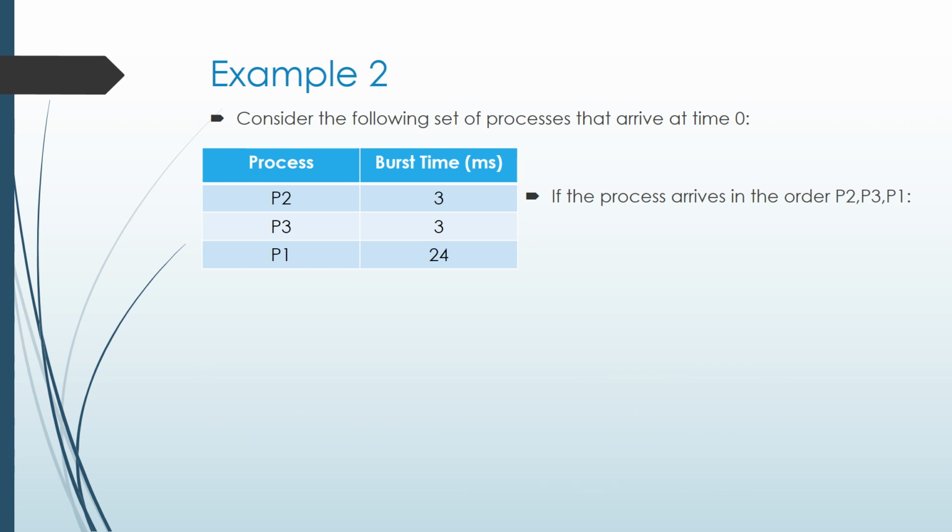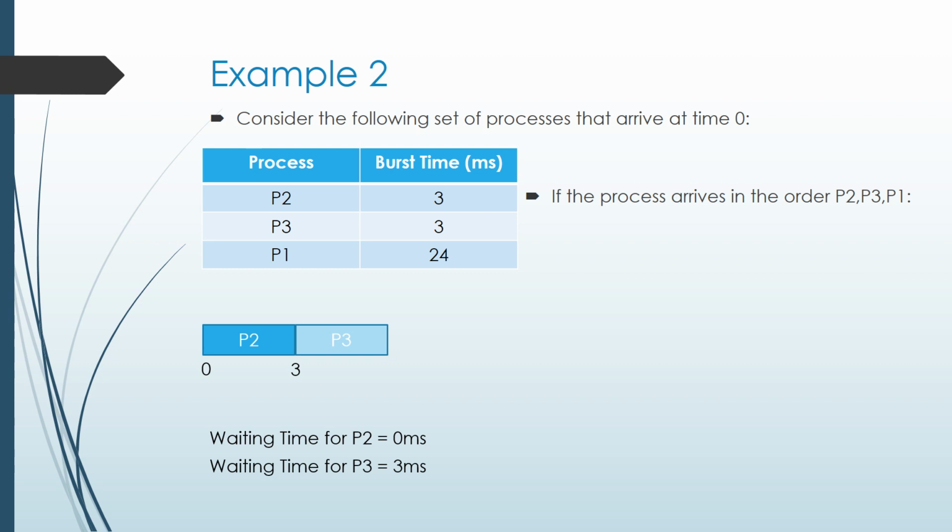That is in this order: P1, P2, and P3. Let's have another example. Now let us consider that the processes arrive in this order: P2 first, followed by P3 and P1. They have the same burst time as the previous example. When P2 arrives, the waiting time of P2 is 0 milliseconds since it is accommodated directly by the CPU. When P3 arrives, the waiting time for P3 becomes 3 milliseconds because the burst time of P2 is 3 milliseconds.